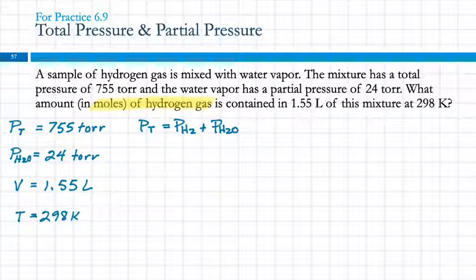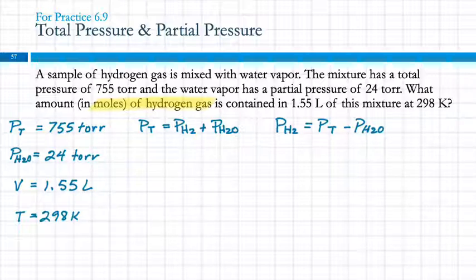Well, I have hydrogen gas and water. So this kind of math is so simple that it becomes difficult. How do I find the partial pressure of H2? It's the total minus the other one, right? P total minus pH2O.